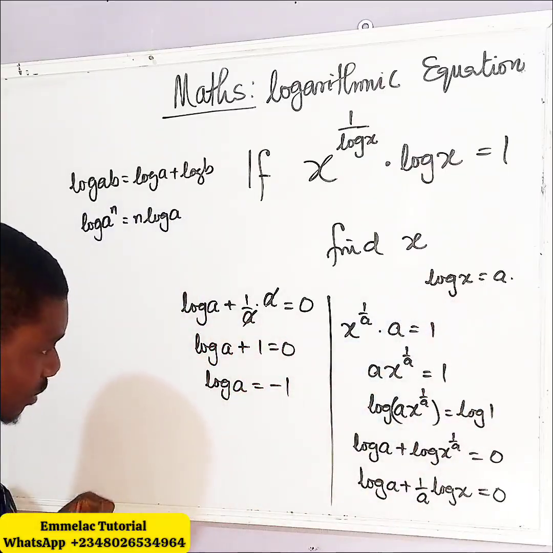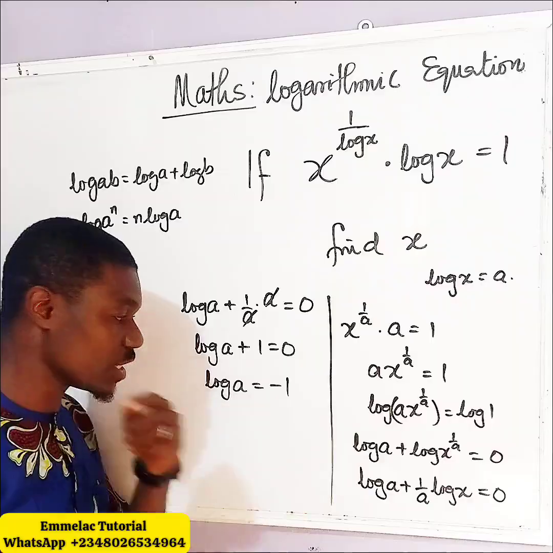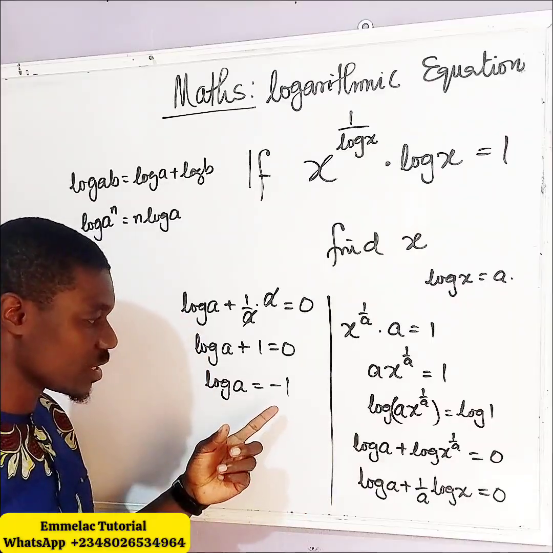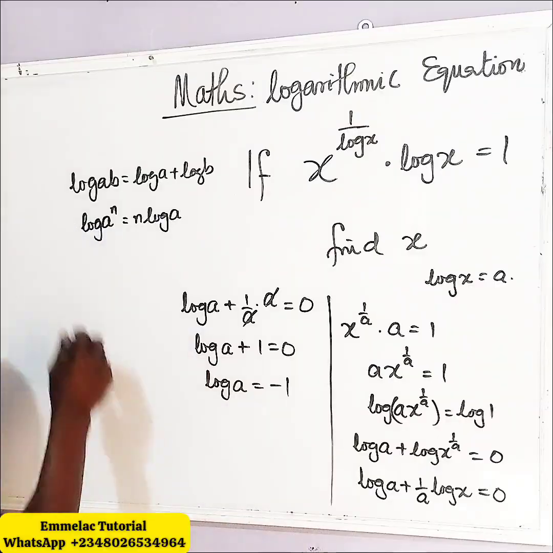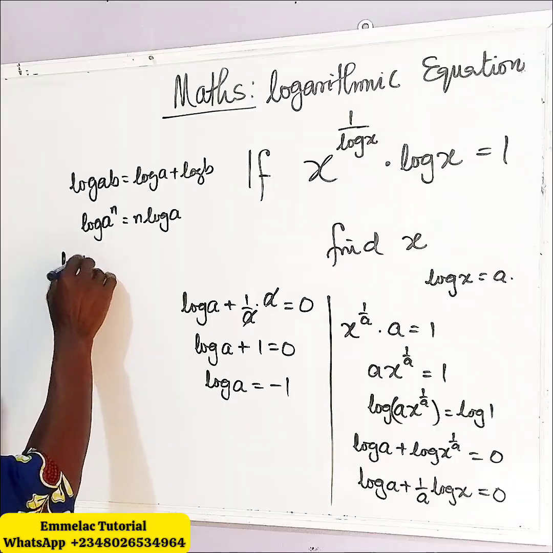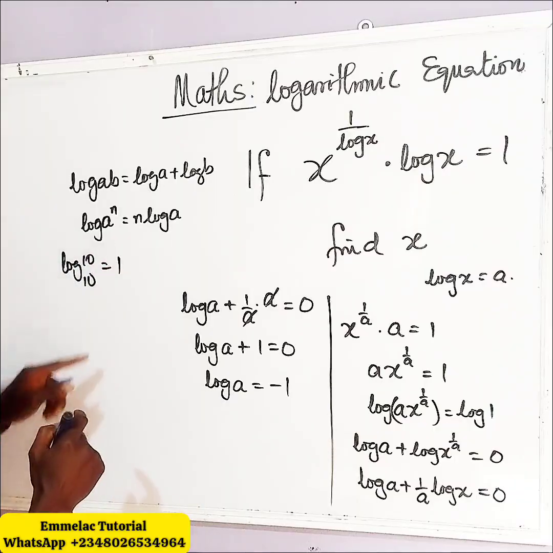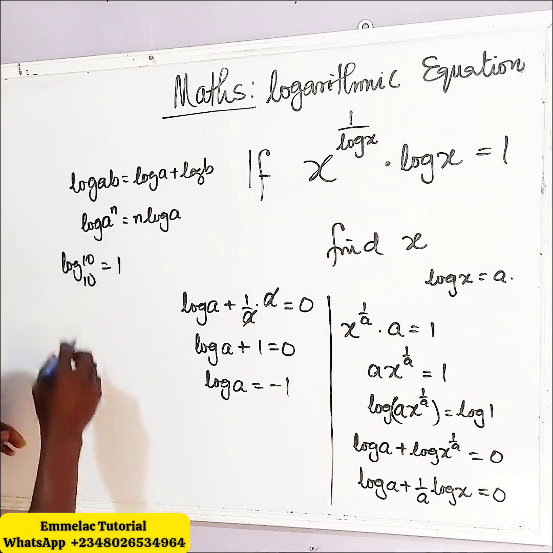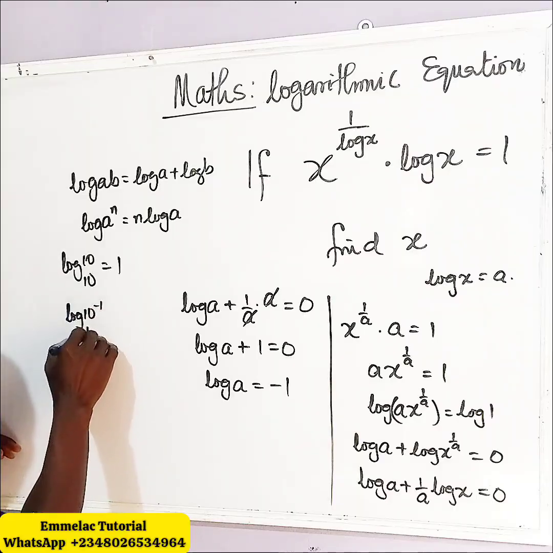So in this case now, since here we're having a log, and here we're just having a number, we can apply log. Also, take note that log 10 base 10 equals 1, right? And in a case whereby this is minus 1, it means that this will be log 10 to the power minus 1 base 10.